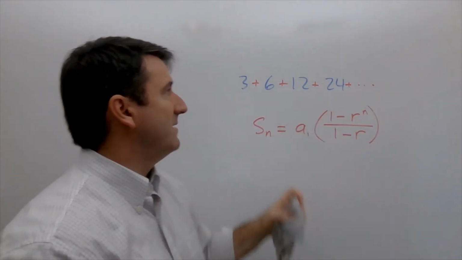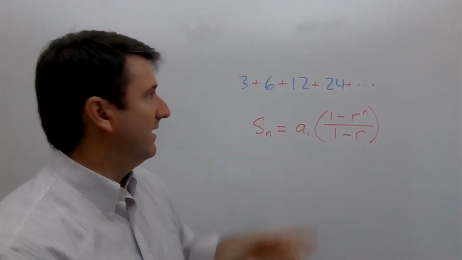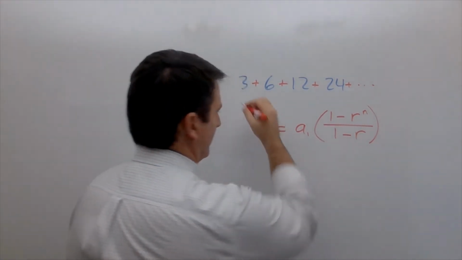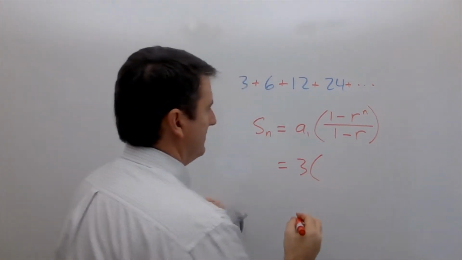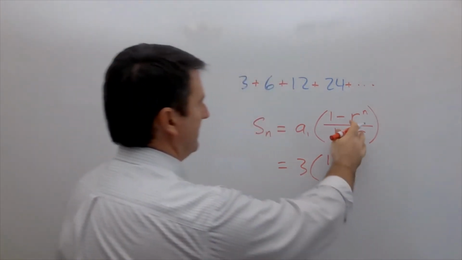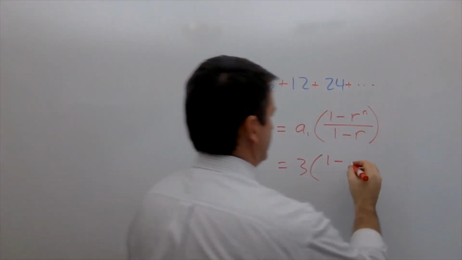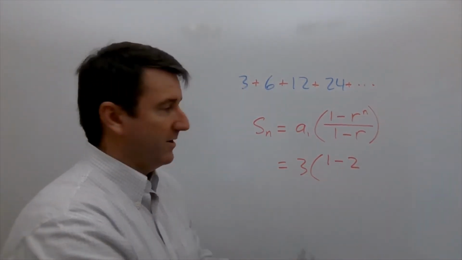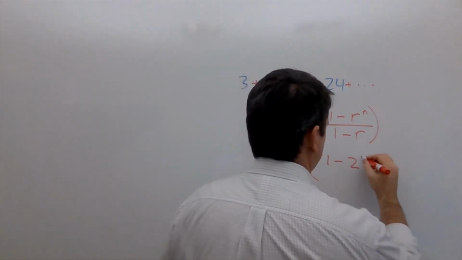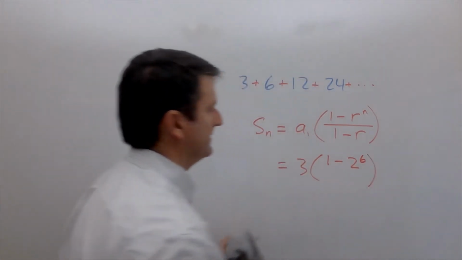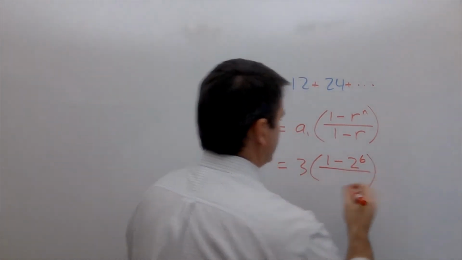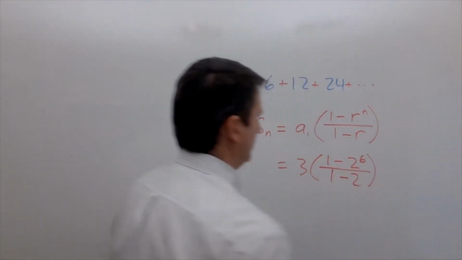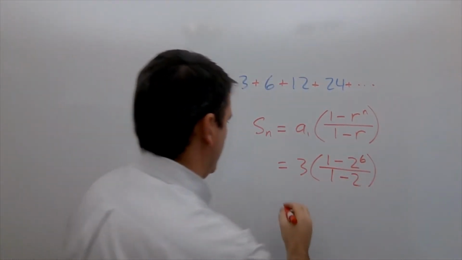All right, so for example, if we wanted to find the first 6 terms of this series here, that's going to be the first term, which is 3, times 1 minus r, our common ratio we said was 2, to the nth power. We're trying to find the first 6 terms, so that's our n. There's 6 terms in this series that we're trying to sum. And then 1 minus 2 down here on the bottom.